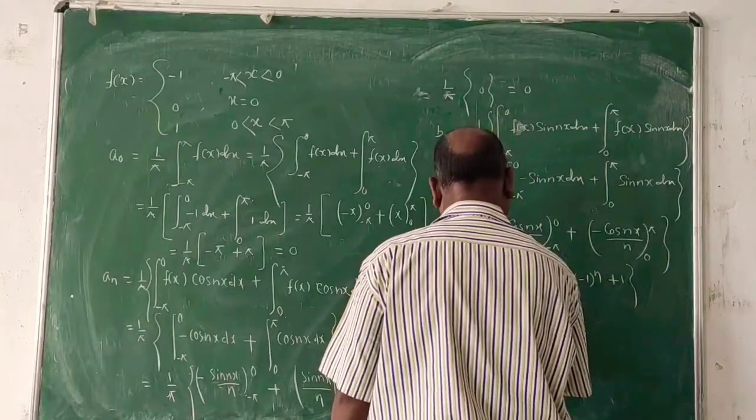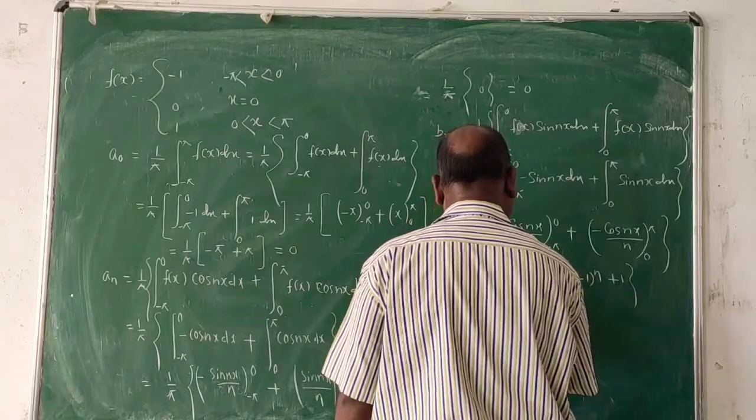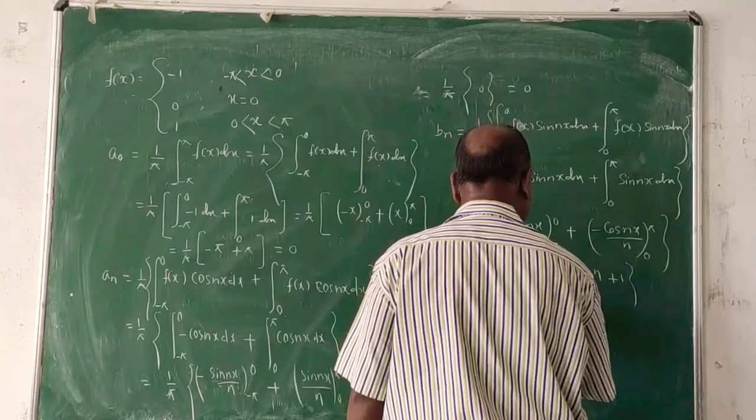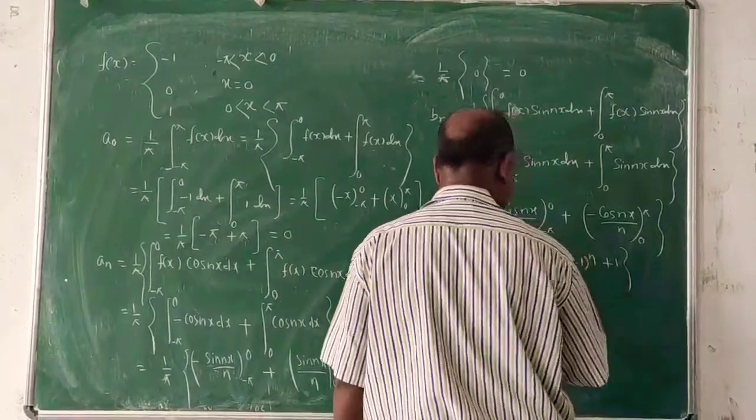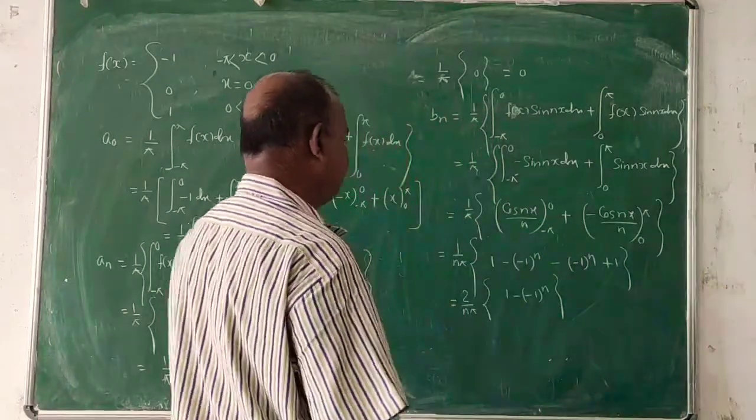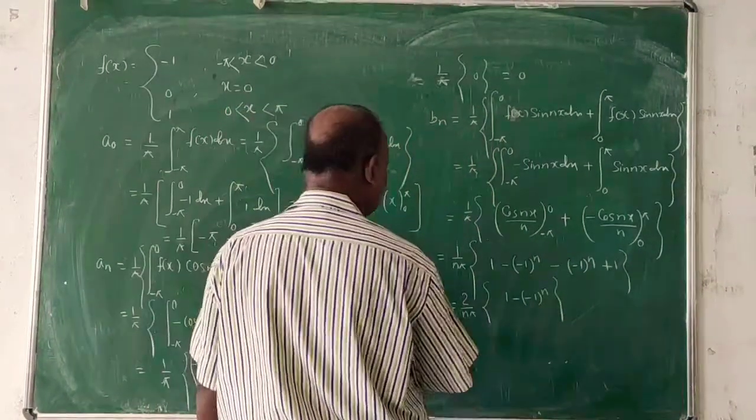This becomes 2 by n pi, and the factor is 1 minus minus 1 to the power n, okay, is not it? So, you just analyze it.